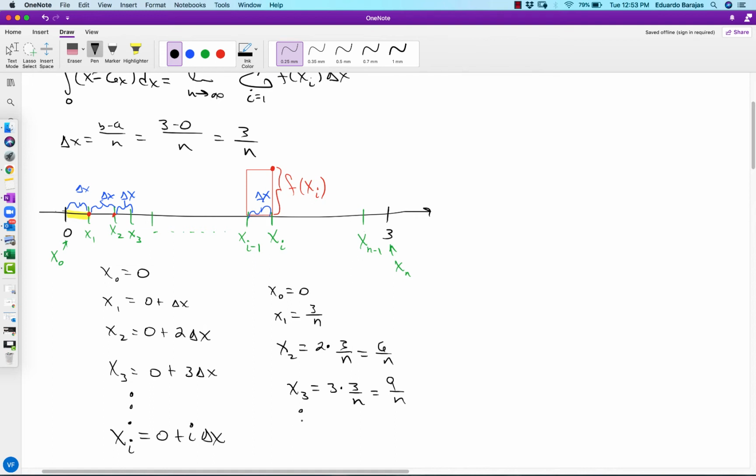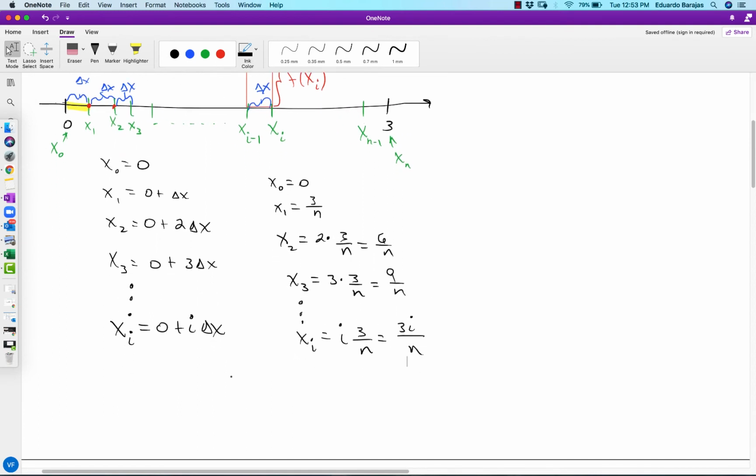And so over here, dot, dot, dot, that means that x sub i is going to be equal to i multiples of the delta x, which is 3 over n, which gives me the pattern 3i divided by n. Remember, i does not represent imaginary numbers in this context. It's a subindex to help us figure out the ith rectangle in the ith subinterval, with x sub i representing the sample point used to establish the height of the ith rectangle.